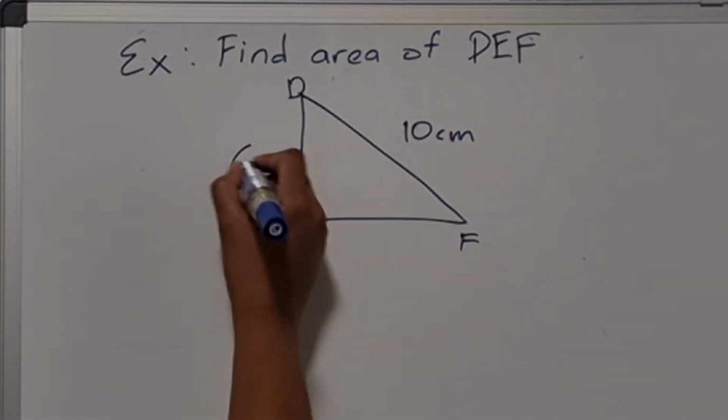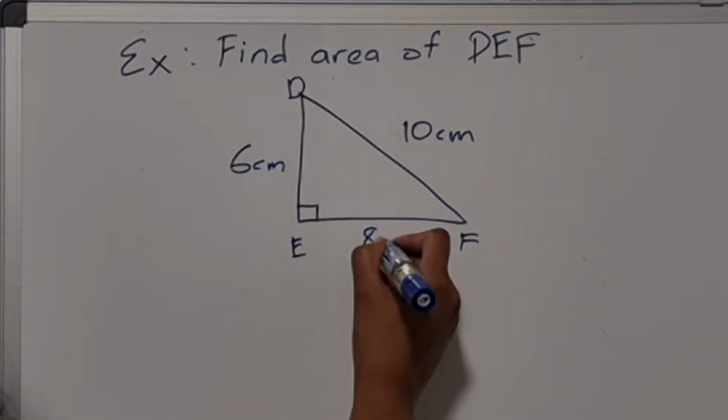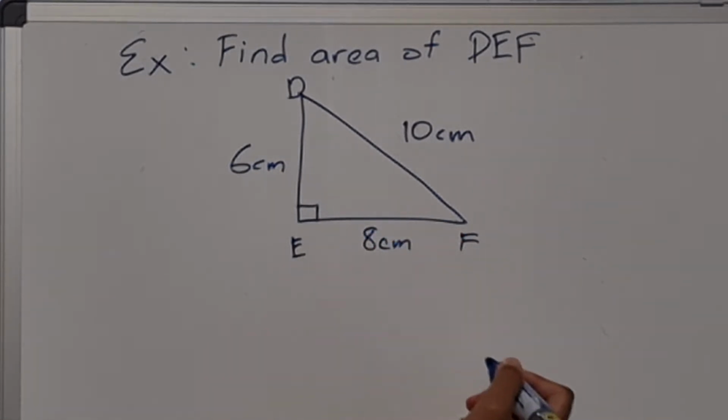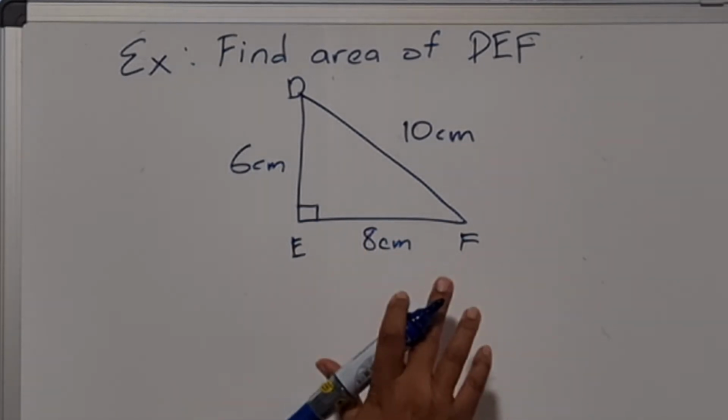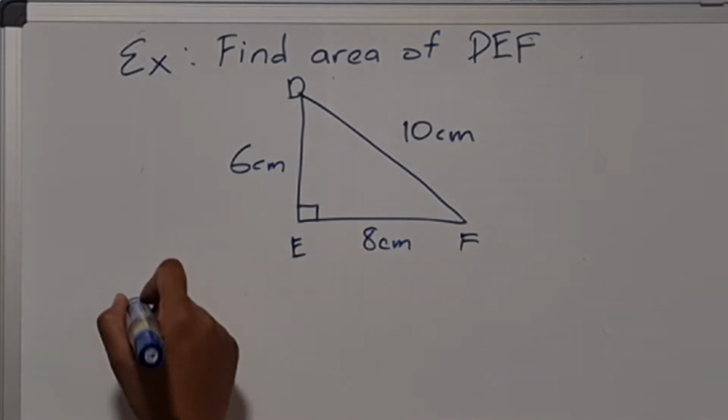This is 6 cm. This is 8 cm. Okay, so now how do we find the area of DEF? Write down the formula.